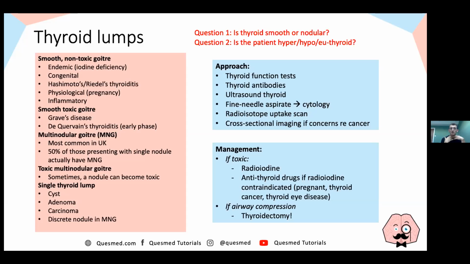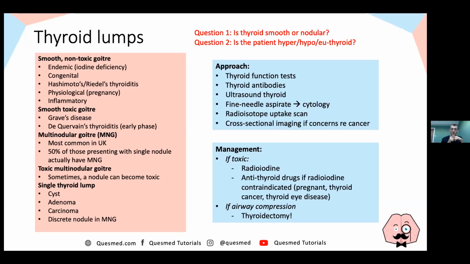If you have multinodular goiter, quite common in the UK in terms of thyroid lumps. And in terms of patients who present with a single nodule, about 50% of them have a multinodular goiter. And as I said before, sometimes one of those nodules can become toxic, and that will show up on the radioisotope scan.